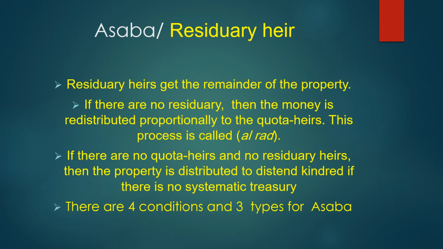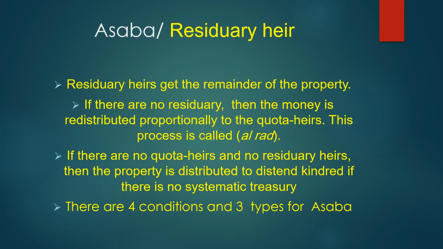Then the second type, who are the asaba, residuary heirs. First please understand, residuary heirs get the remainder of the property. All the remaining property will be inherited by them. And if there are no residuary heirs, then the money is redistributed proportionally to the quota heirs, the heirs of fixed share.